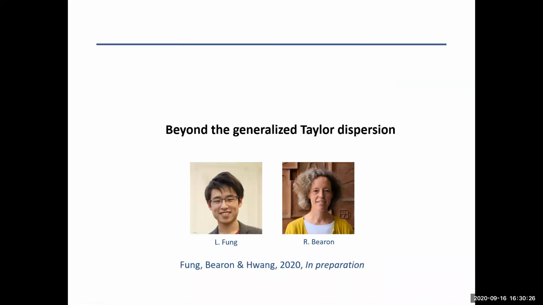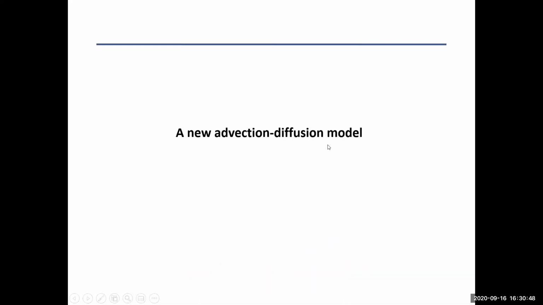So clearly, we want something better than generalized Taylor dispersion theory. I was fortunate enough to work with two people, Hwang and Rachel Bearon, and they made good progress. I'm trying to explain what they have done together with me.